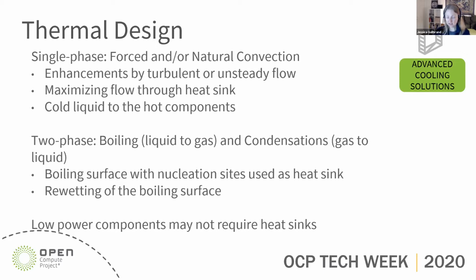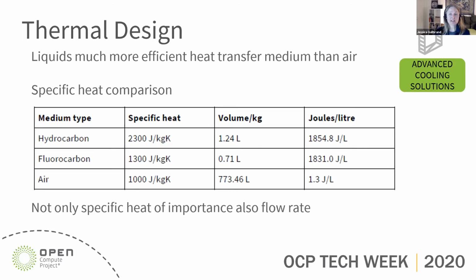Okay, and if we're looking at the liquids themselves, dealing with either hydrocarbon or fluorocarbons here, if we're looking at the specific heat between those and comparing that to air, that's what you see in the table here. You see hydrocarbon, fluorocarbon, and air in comparison in the first column. You have specific heat of those liquids, and then volume per kilogram in the third one.